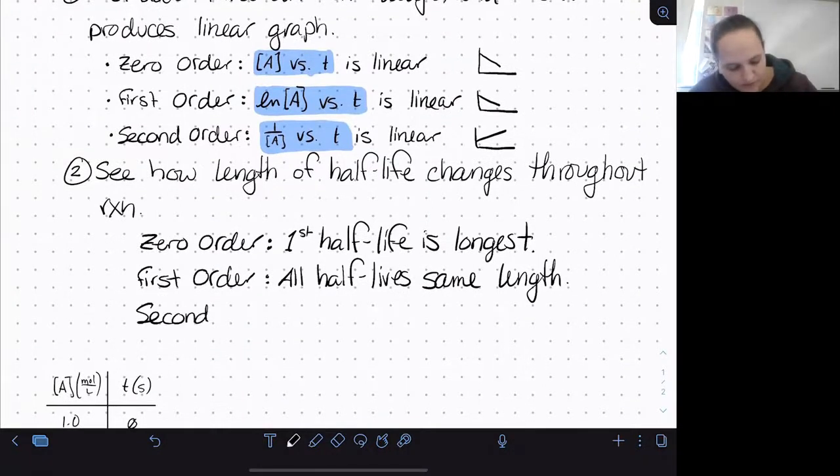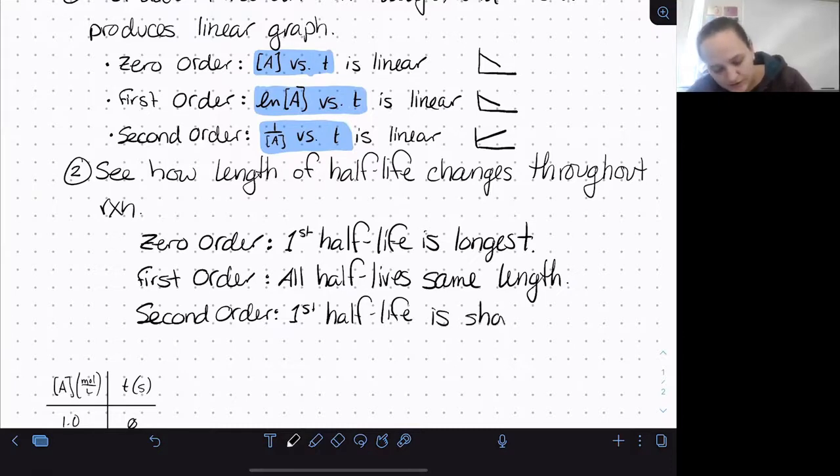And for a second order reaction, the first half-life is the shortest. So getting from 100 to 50% is going to be faster than getting from 50 to 25, which will be faster than 25 to 12.5, so on and so forth.